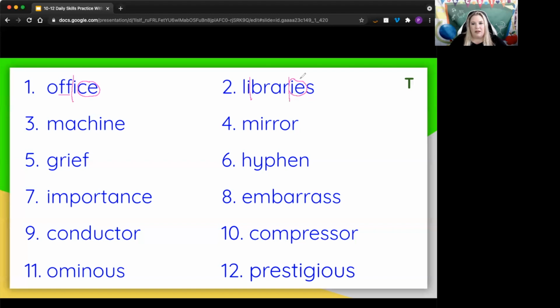That's a chunk. Ease, libraries, more than one library. Now, library is spelled with a Y, but when we're showing more than one library, that's when we drop the Y, change it to an I, and add ES to make it libraries.